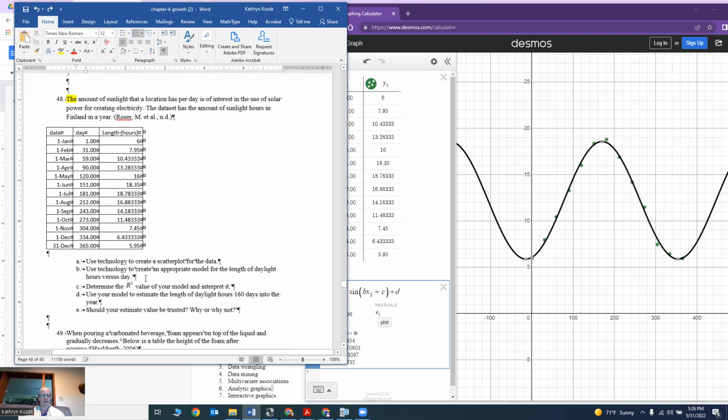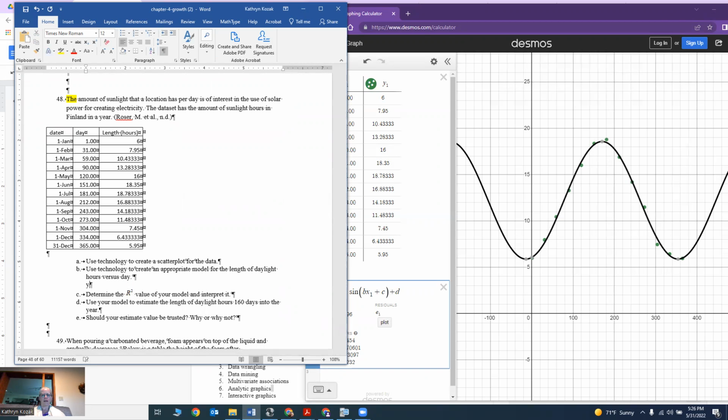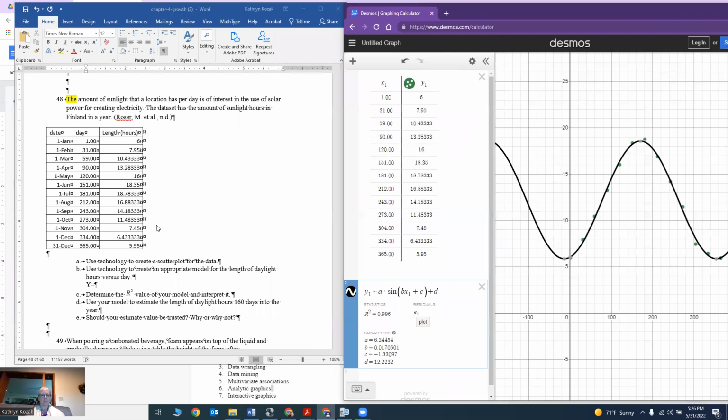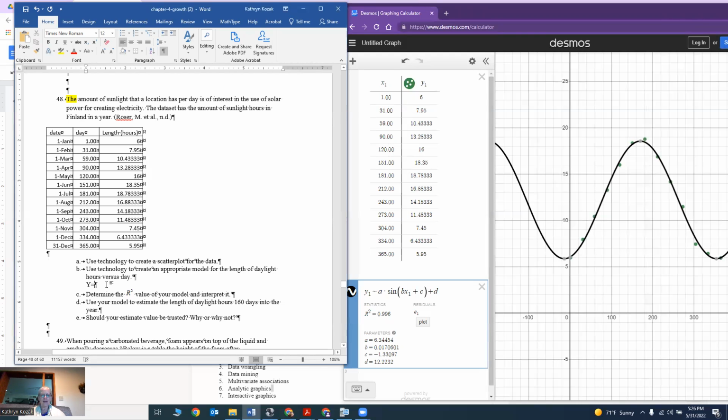What I have now is y is equal to, and I've got my A, which I'll round to 6.3. I don't need to make it a whole long thing. Sine of B, and my B is 0.017.